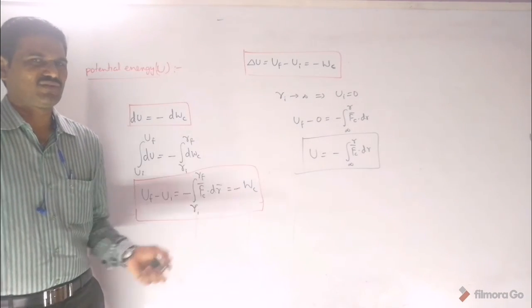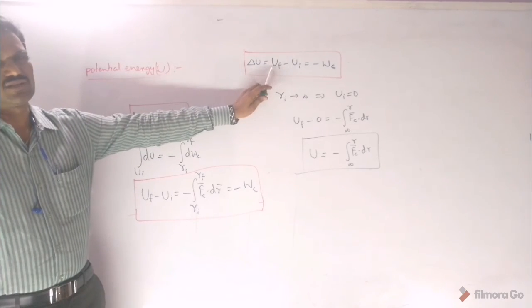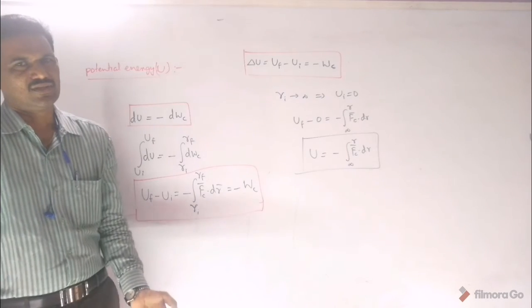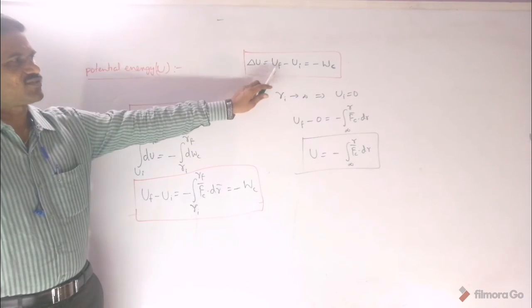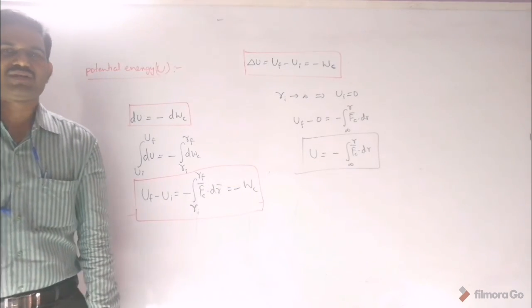But in this topic, we don't use these definitions; we just use this basic relation. We don't use these integration calculations. Change in potential energy is equal to the negative of work done by the conservative force.